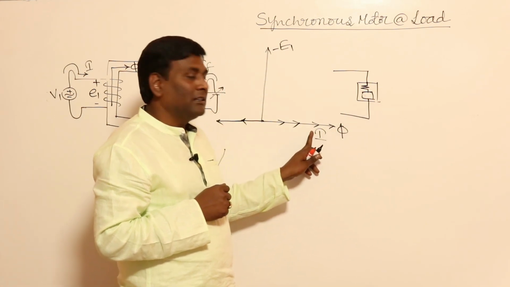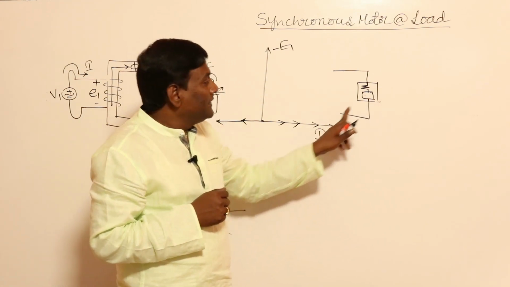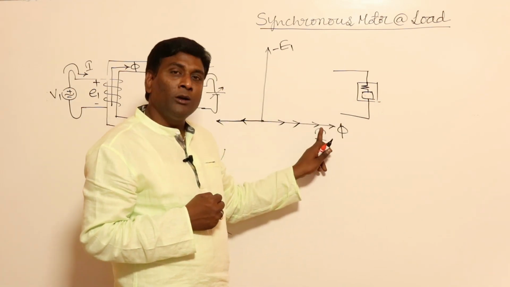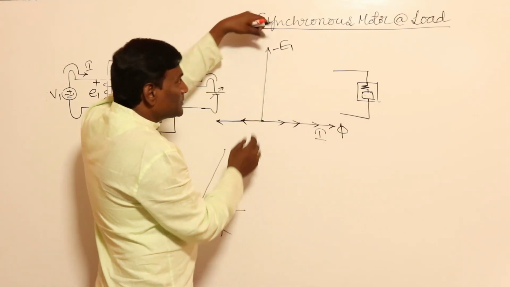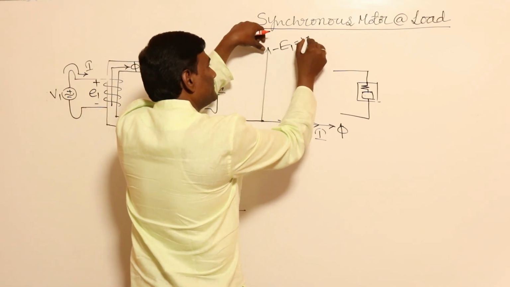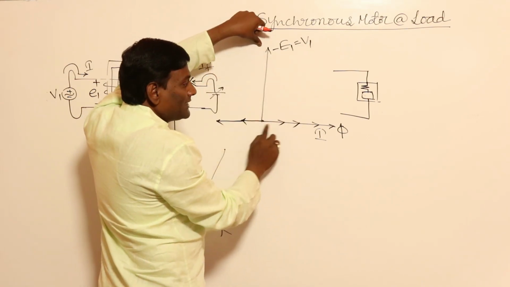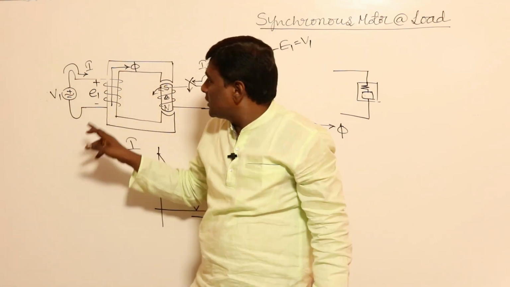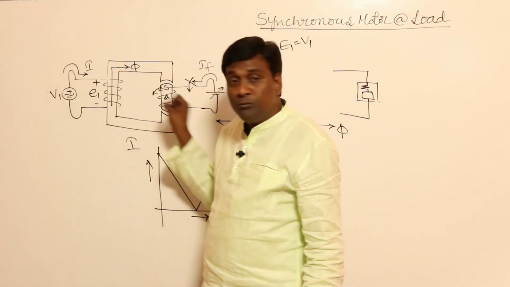So lagging or not? Here it is absorbing reactive power. It should absorb reactive power or not, because with respect to voltage V minus E1 equal to V1, with respect to voltage current is lagging behind. So this is going to be a motor only or not? Yes. Motor is going to absorb power or not?